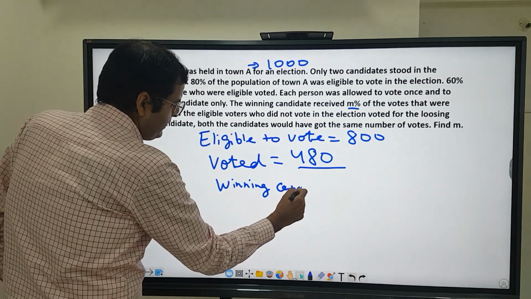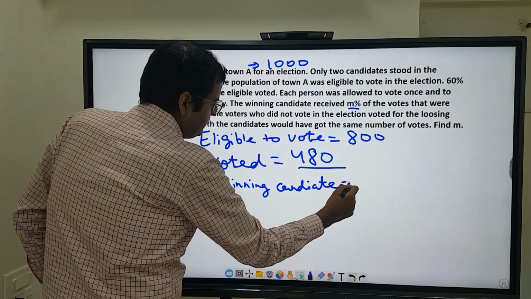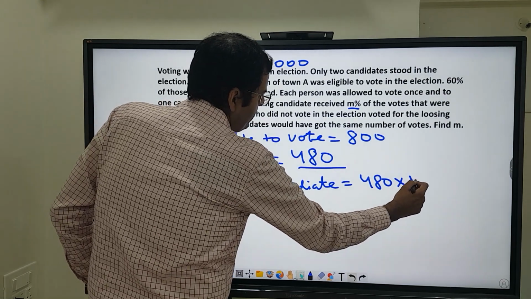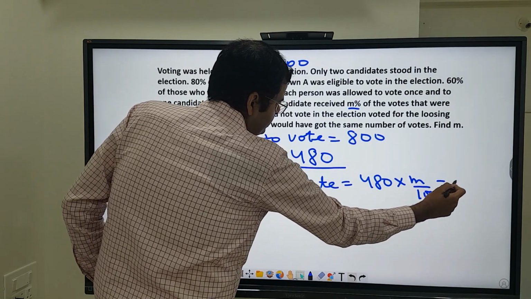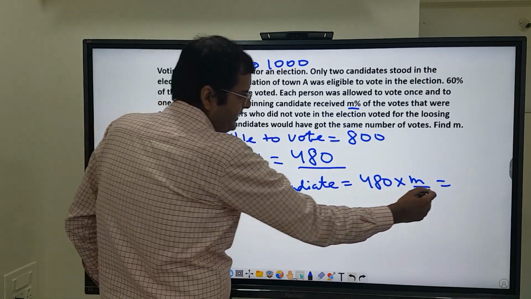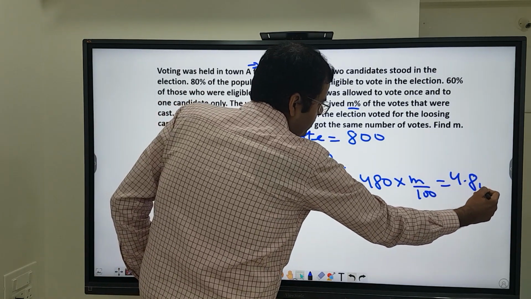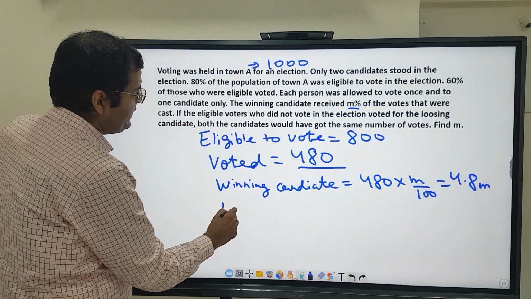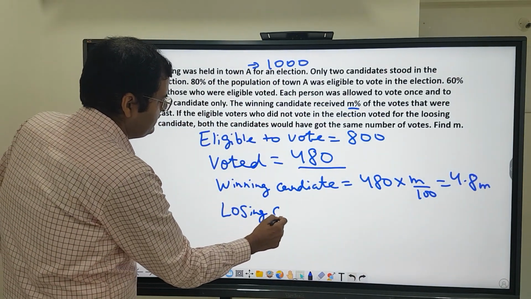So the winning candidate got how many votes? Winning candidate got 480 into M upon 100 votes. So 480 upon 100 is 4.8. So the winning candidate got 4.8 M votes. So the losing candidate will get the remaining votes.